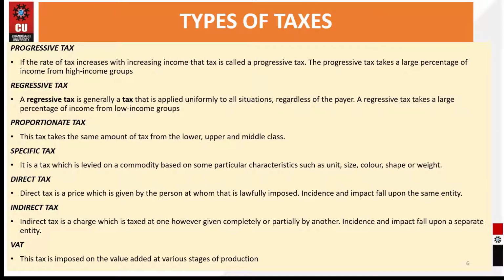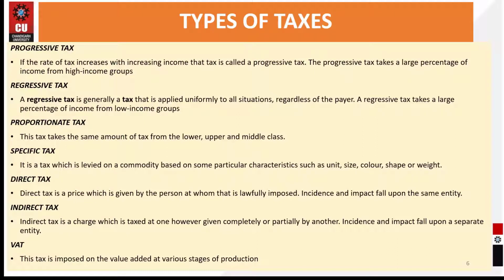So let us move further and study what is direct tax and what is indirect tax. Direct tax is a tax which is paid by the person on whom it is legally imposed. Under direct tax, incidence and impact fall on the same entity, whereas under indirect tax, incidence and impact fall on different entities.